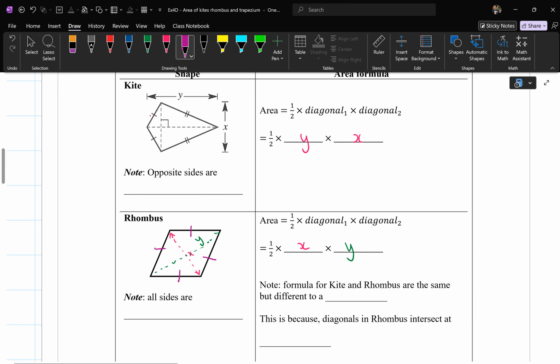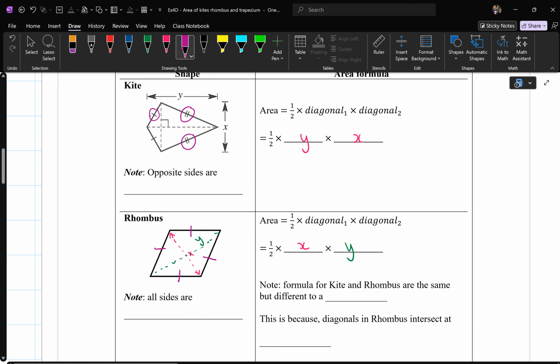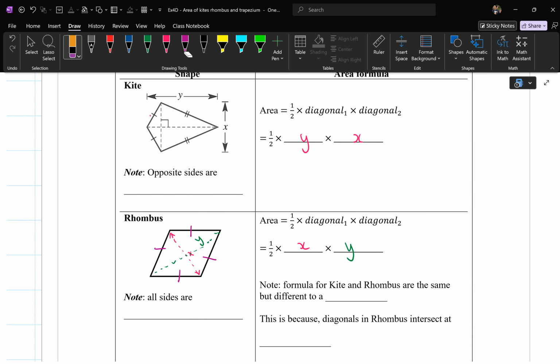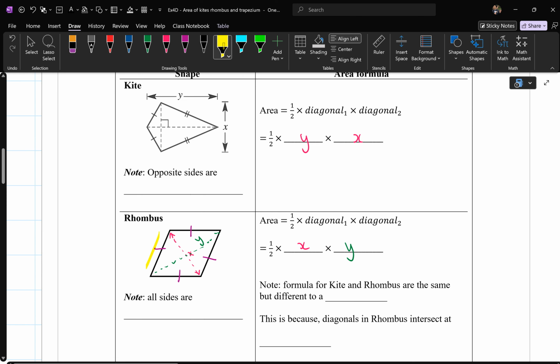Whereas if you look at a kite, you see it has one dash, two dashes, and one dash. They are not all equal, so that's how you know it's not a rhombus. Another thing to know: how do you know it's a kite and not something else, like a parallelogram or a trapezium? One of the special things about kites is that usually opposite sides are the same, but in a kite, opposite sides are not the same.